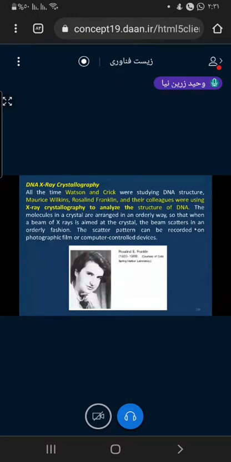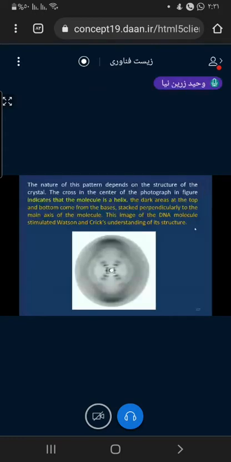This scatter pattern can be recorded on a photograph. The nature of this pattern depends on the structure of the crystal. The cross in the photograph indicates that the molecule is a helix.